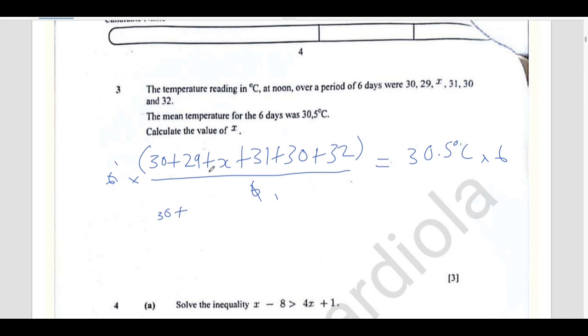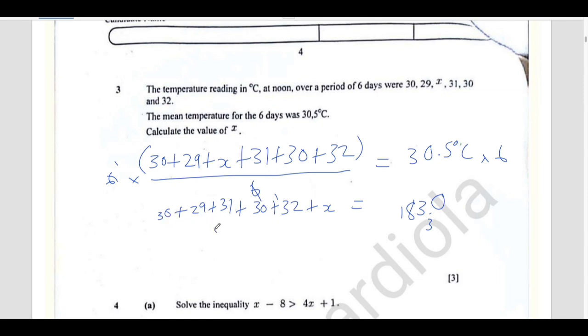So the left side will be remaining with 30 plus 29 plus x plus 31 plus 30 plus 32 being equal to 30.5 times 6. So now let's multiply. 6 times 5 gives us 30, 0 carry 3, 6 times 0, 0 plus 3, 3, 6 times 3, 18. So the total temperature which we get here is 183.0.